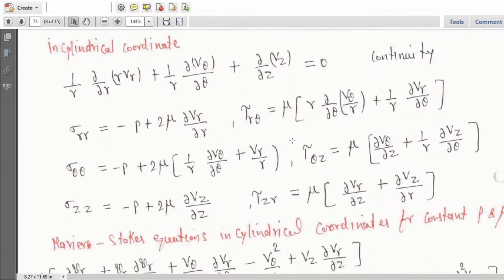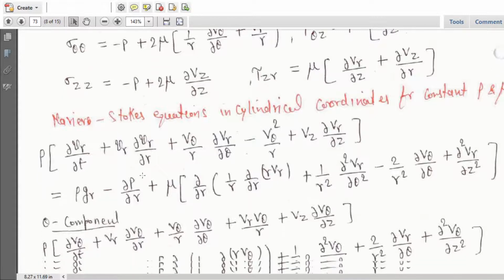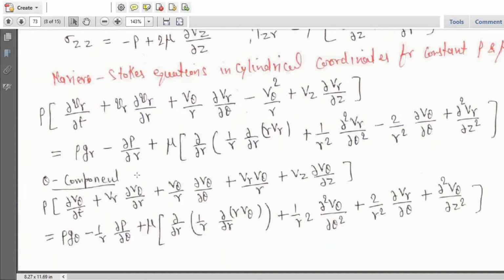Similarly, Navier-Stokes equations in cylindrical coordinates. So this is continuity in the cylindrical coordinate. These are the normal stresses in the cylindrical coordinate: sigma rr, sigma theta theta, sigma zz. And after that we can get the Navier-Stokes equations in cylindrical coordinate in this particular format. So you can take the cylindrical one.